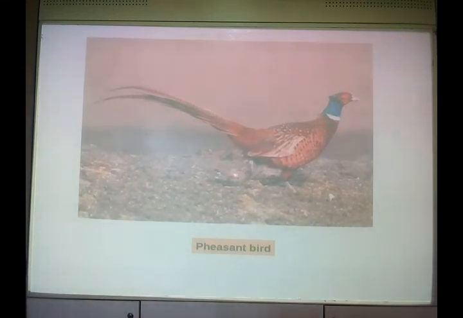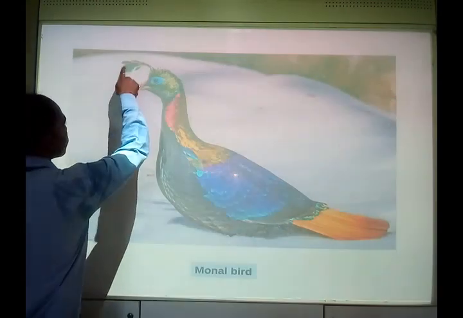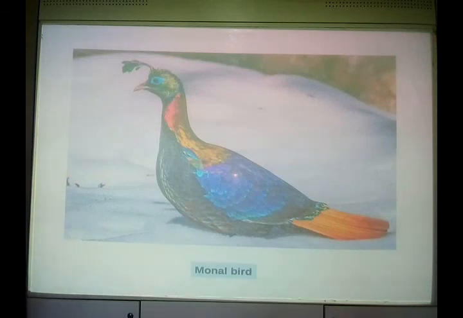Now, monal is also a bird, right? How does it look? It sometimes resembles a peacock because it has a hood in front of its head. Somewhat a hood, or a small peacock-like shape.